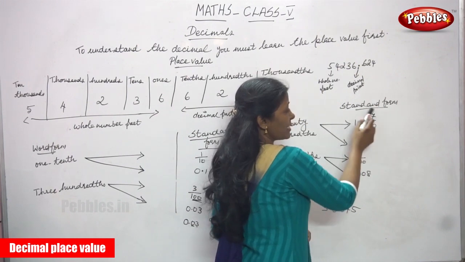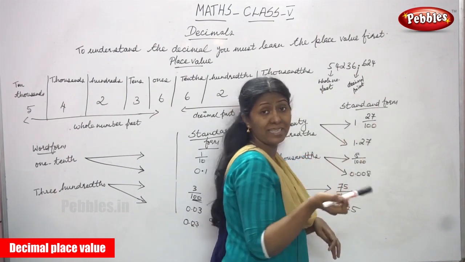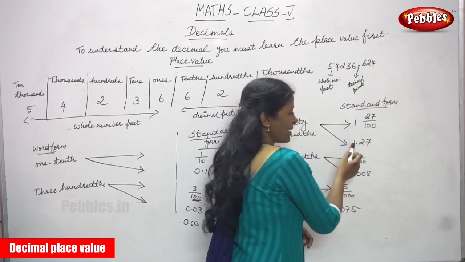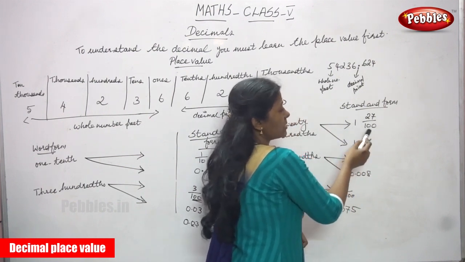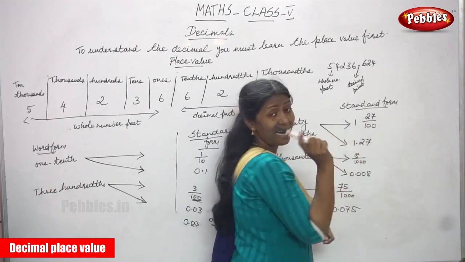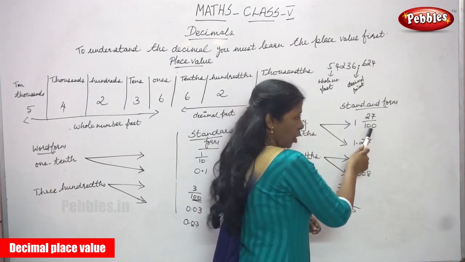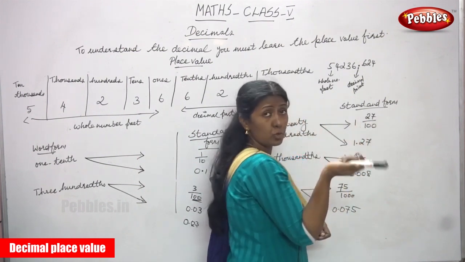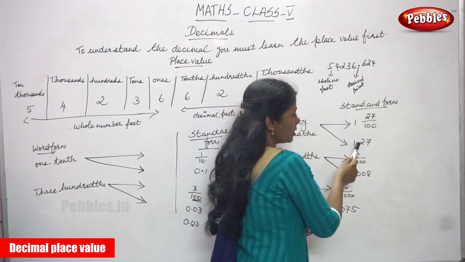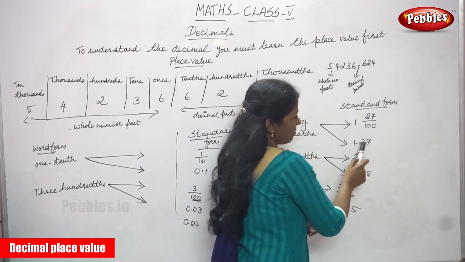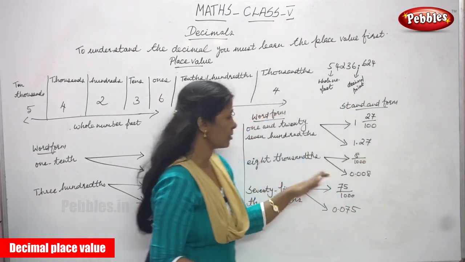While you convert the mixed fraction into a decimal number, first you have to write the whole number as it is. Then, as I have told you already, the numerator is 27 and the denominator is 100. How many zeros in hundreds? 2 zeros. Here 2 digits are here, so there is no problem. So 1, after that you must put a point. This point is called a decimal point. So you have to write 27. 1.27. That's the answer for this question.